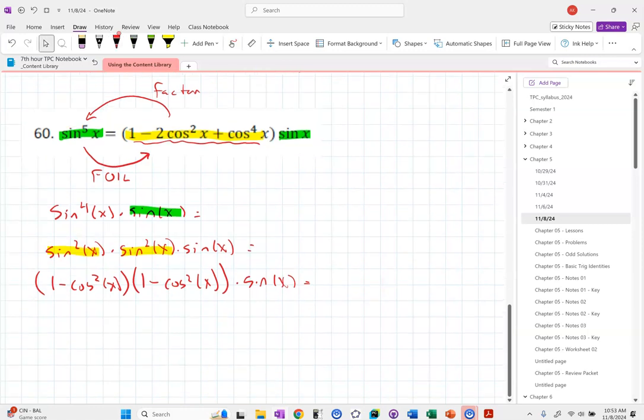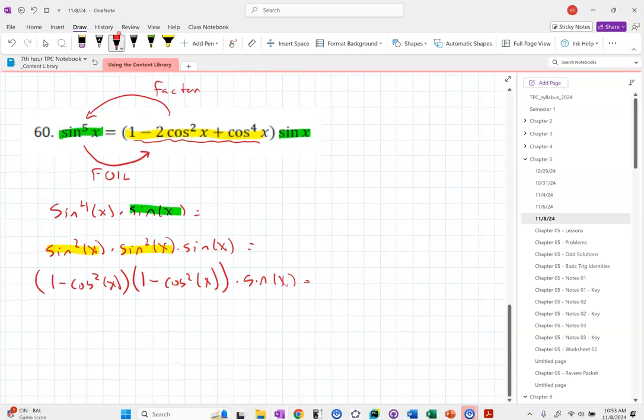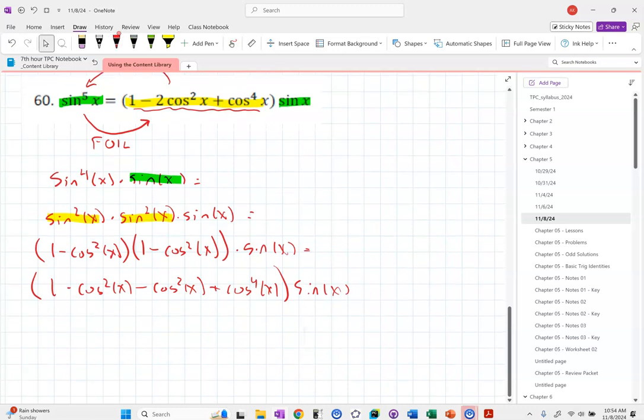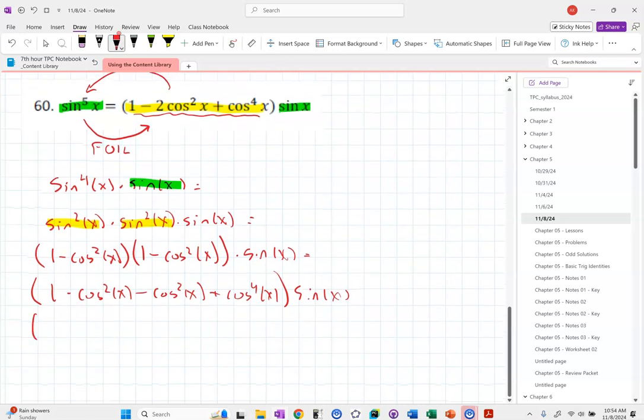And then I just need to FOIL that piece out and I should be good to go. So 1 minus cosine squared minus cosine squared plus cosine to the fourth. And when I combine the negative cosine squareds, I have negative 2 cosine squareds. And now I'm all done.